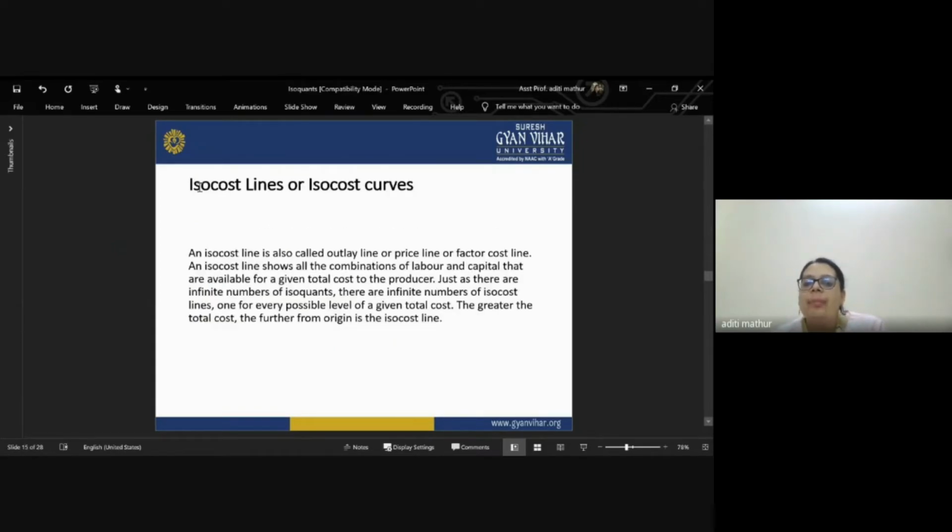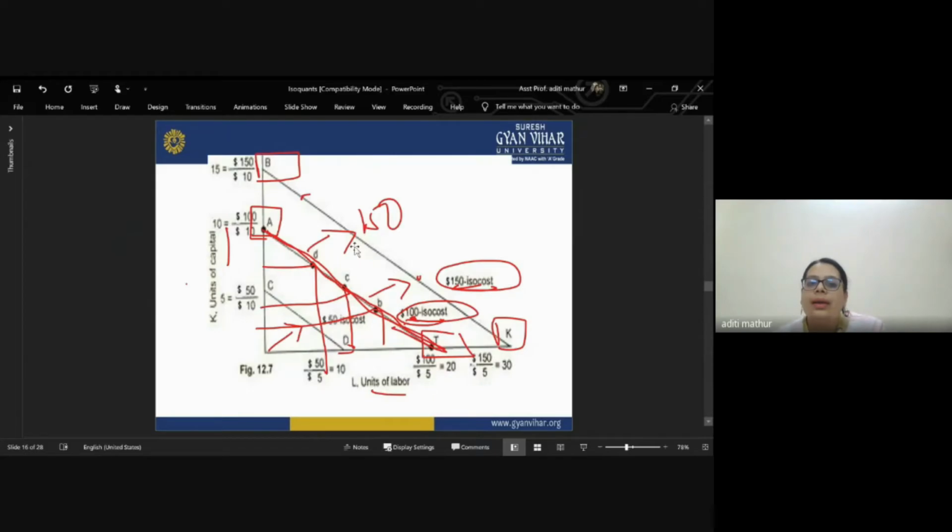Then we even discussed that IsoQuants are convex to the origin because of the diminishing marginal rate of substitution. We discussed the IsoCost lines or IsoCost curves. This is how we draw the IsoCost line. Here we have the different ratios in which we can deploy our labor and capital at a given total cost.